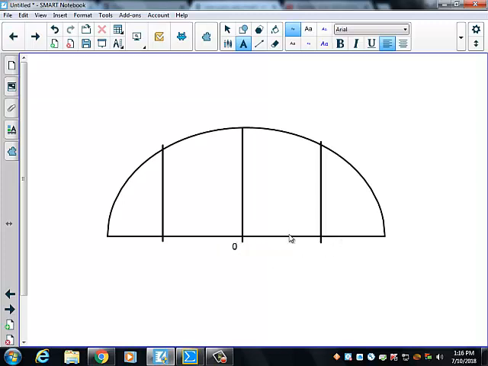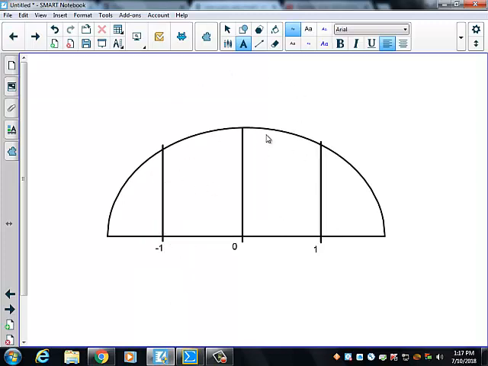And positive z-scores are on the right-hand side, and negative z-scores are on the left-hand side. Now, if you remember, the empirical rule told us that 68% of data would lie within one standard deviation. So what we're saying there is that 68% of the data would be between one standard deviation below the mean and one standard deviation above the mean.